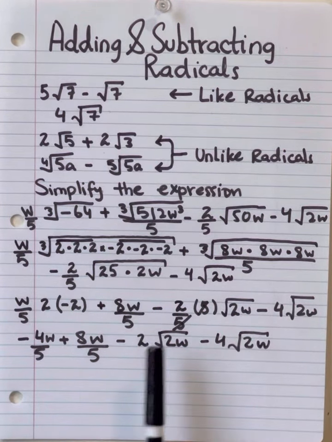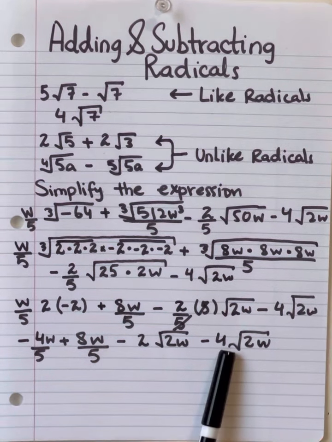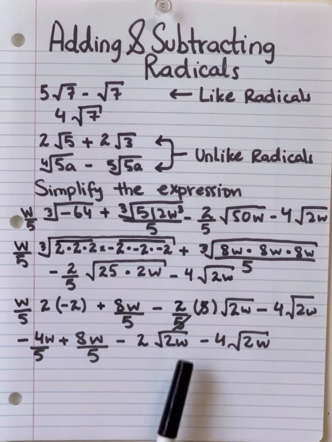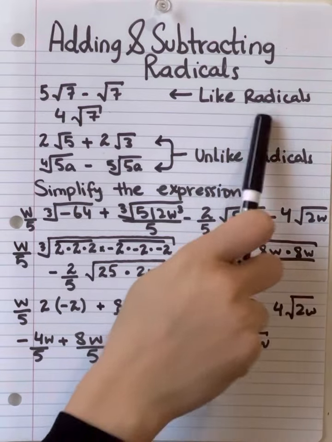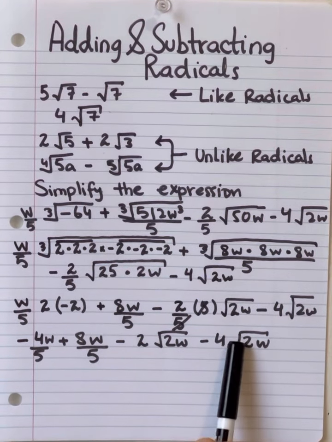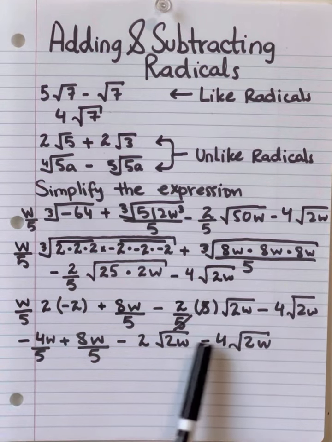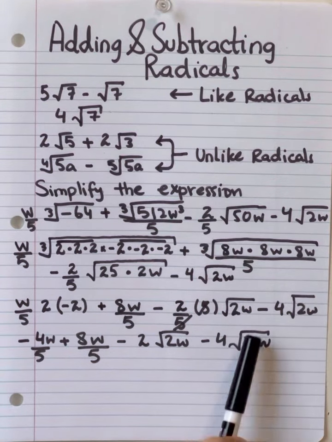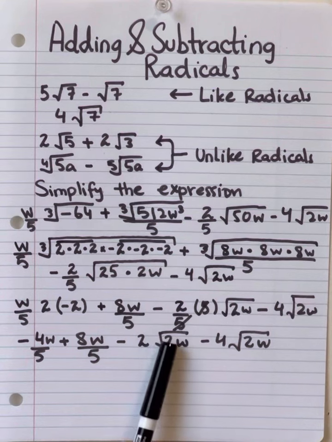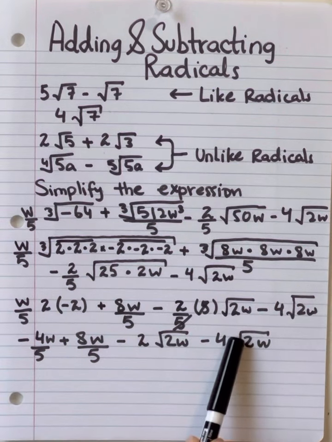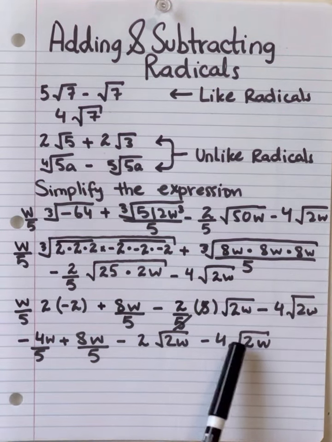Now you can see that we have two radicals to solve, and they're actually like radicals because they have the same index and the same radicand. The number inside the radicals is the same, and the number on the radical is the same.